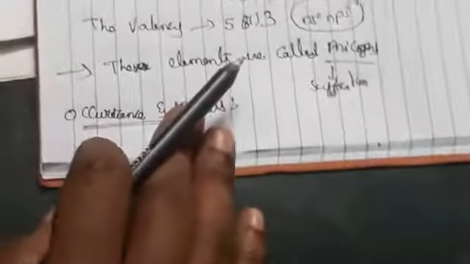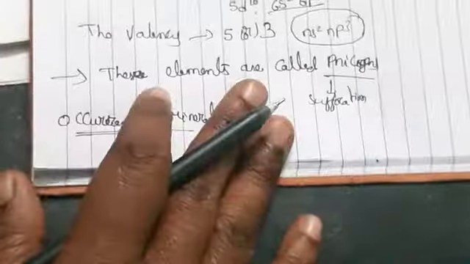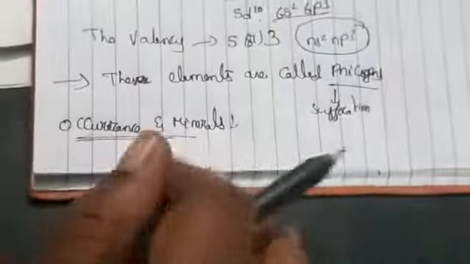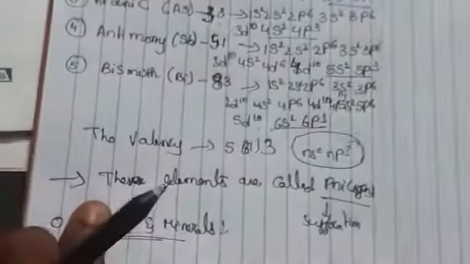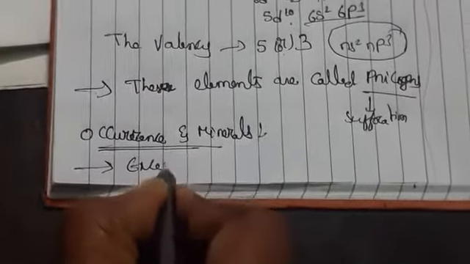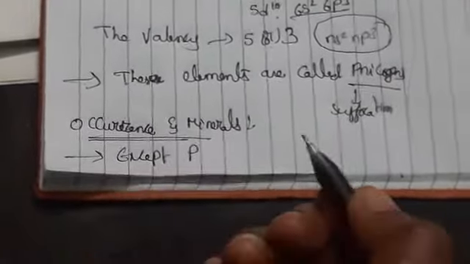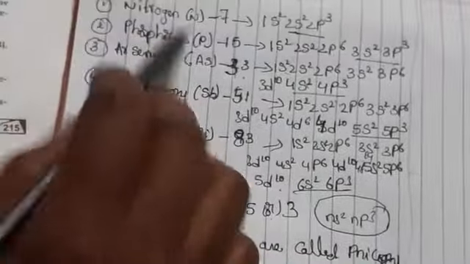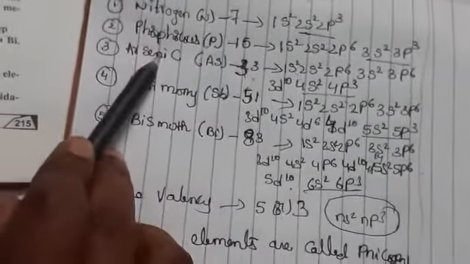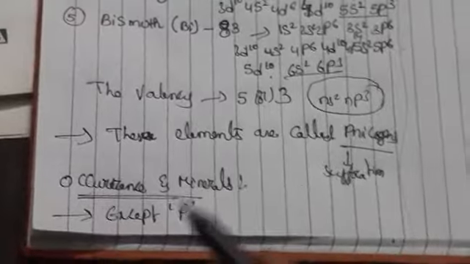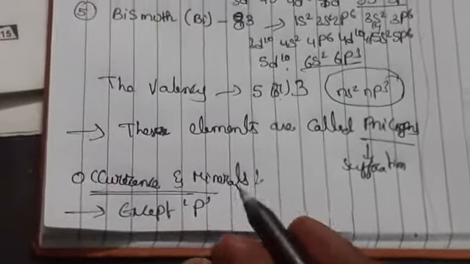Occurrence is where the P block elements occur, and also what minerals we have for these elements. We call that occurrence and minerals. So first of all, except phosphorus, all other elements, that is nitrogen, arsenic, antimony, bismuth, occur in the free state in nature.